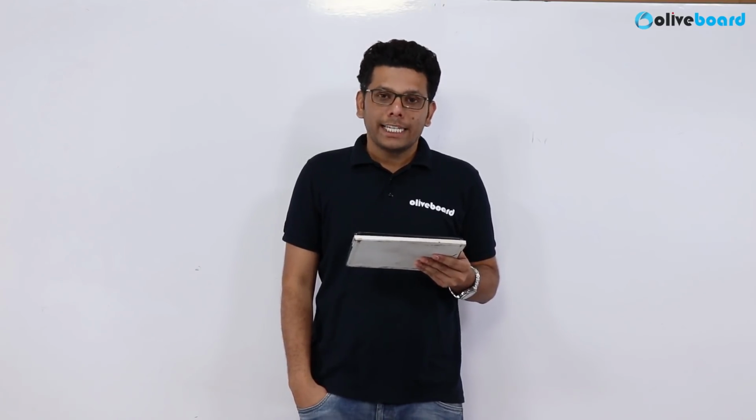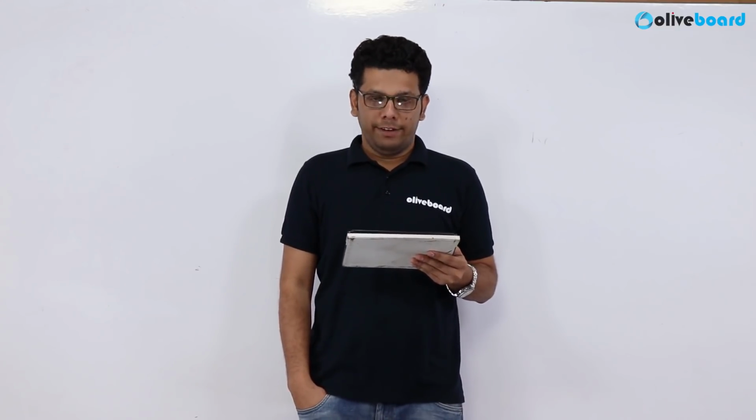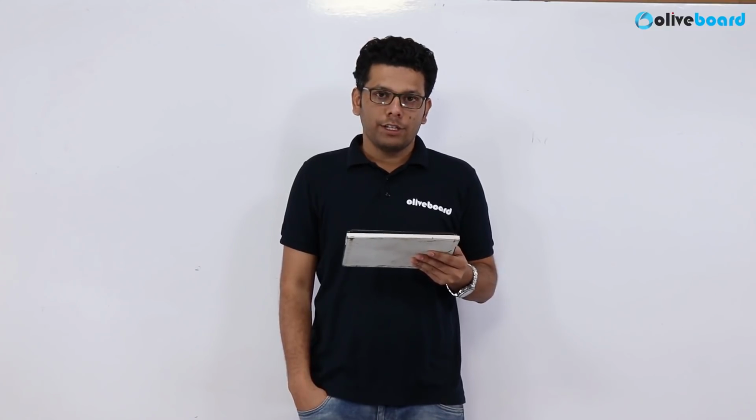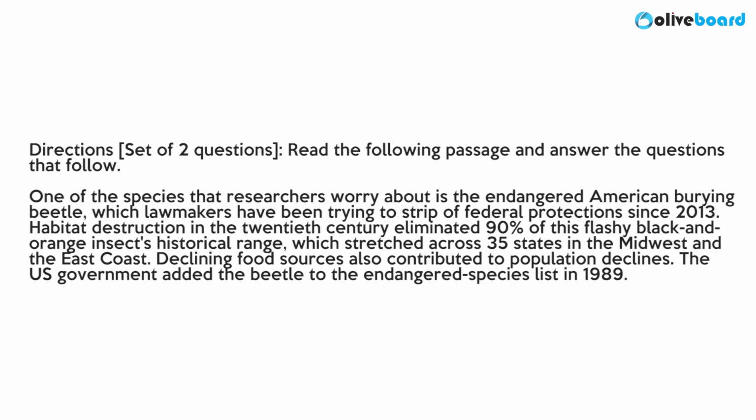Okay, so our next question is based on inference. Please have the questions on the slide. They have given some data about a species. One of the species that researchers worry about is the endangered American burying beetle, which lawmakers have been trying to strip of federal protection since 2013.